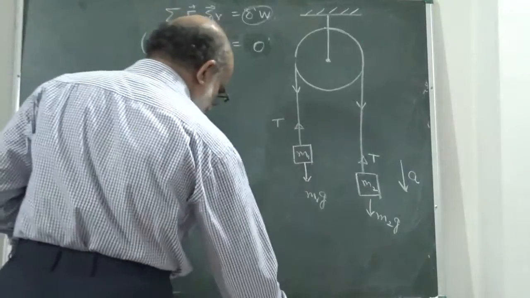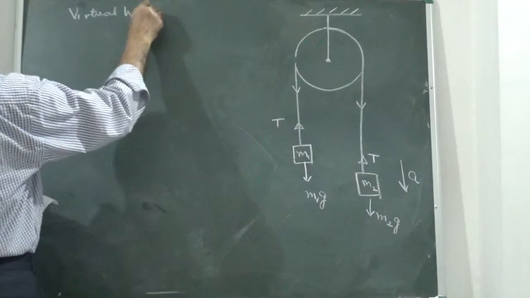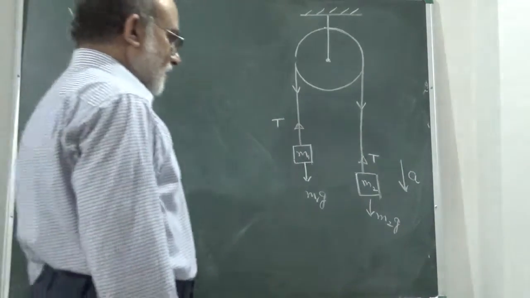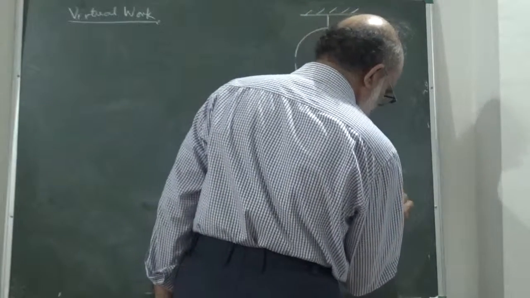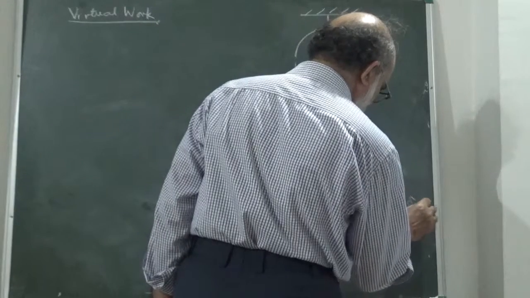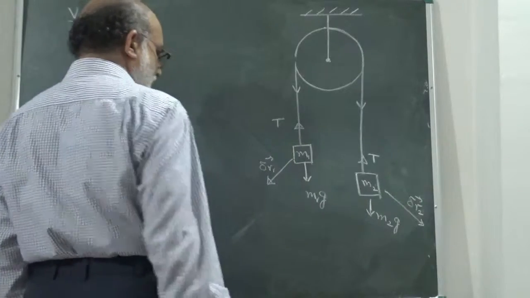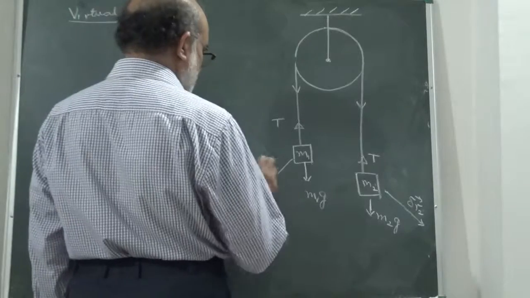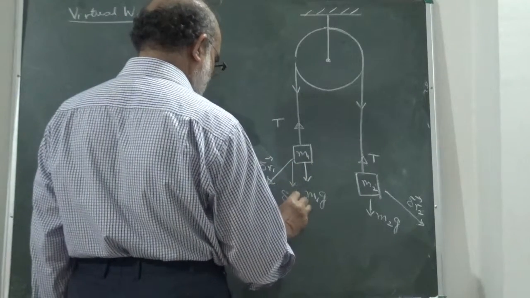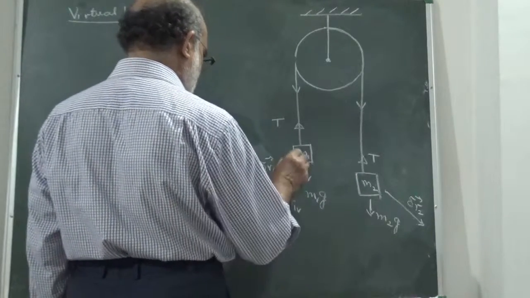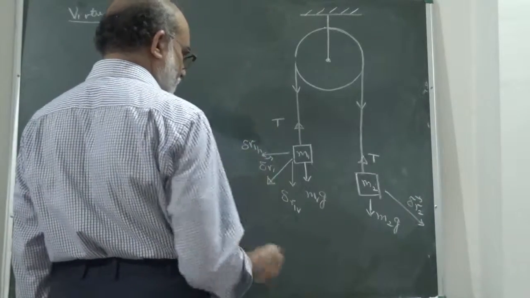So using the approach of virtual work, suppose we consider infinitesimal virtual displacements delta R2 and delta R1 of the blocks. Now delta R1 can be resolved into two components, delta R1 vertical and delta R1 horizontal, or XY, whatever you like.